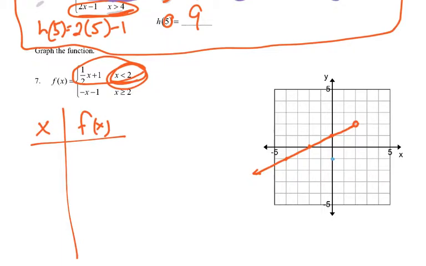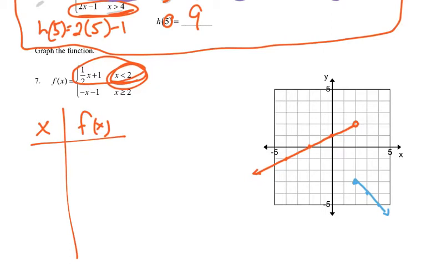So I'll show you what I mean by that. My slope is -1, so that means I go down 1, right 1, down 1, right 1, down 1, right 1, down 1, right 1. But this function, which typically would look like this in both directions, only starts at 2, where x equals 2. So that is the second piece of my function.